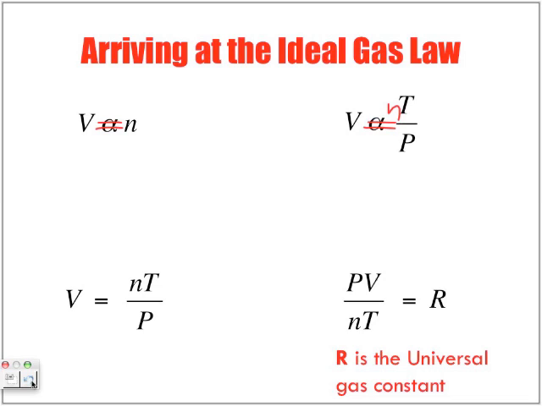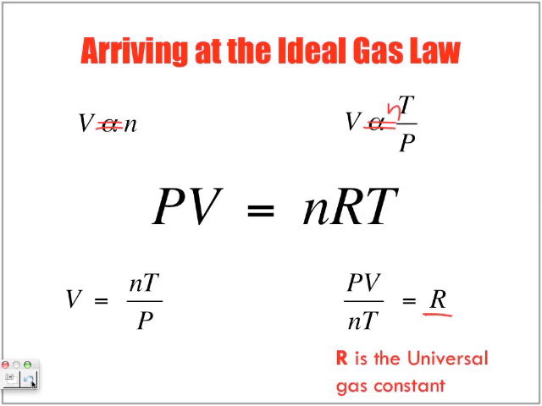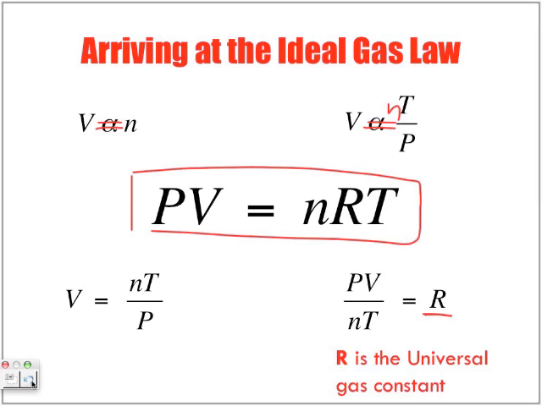Remember how we had the constant of k? The constant here, we're going to treat as the constant R. R is the universal gas constant, and it's a specific number that you're going to have to memorize. It combines the pressure, volume, number of moles, and temperature. So let's look at the ideal gas law equation: PV equals nRT.